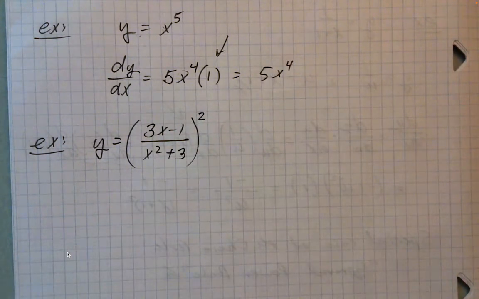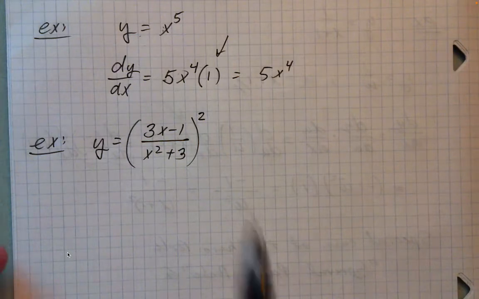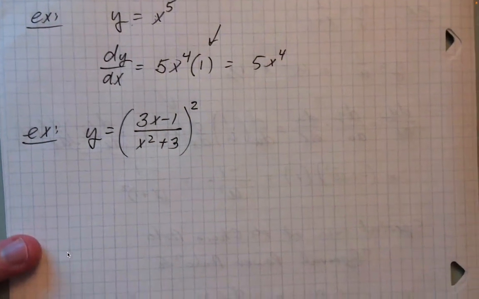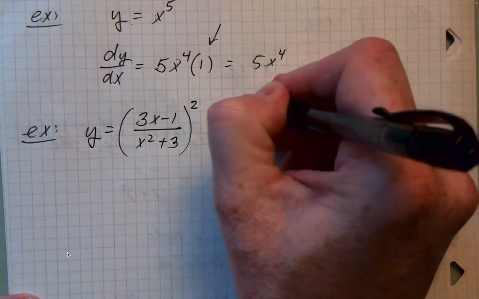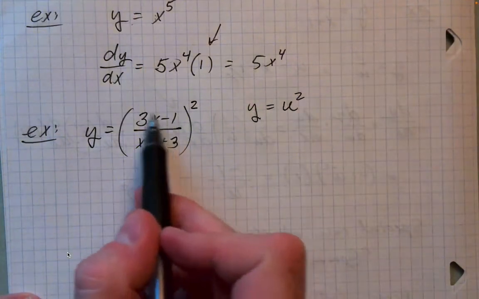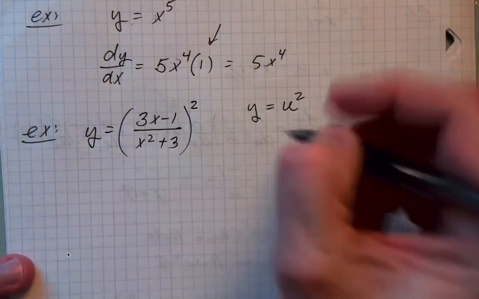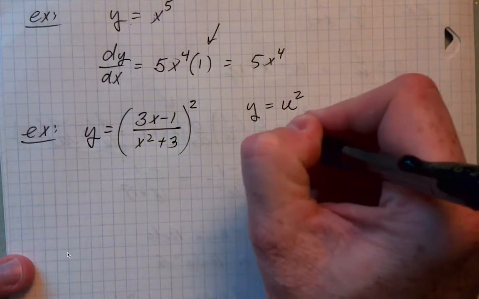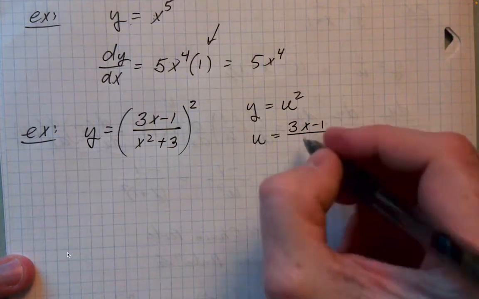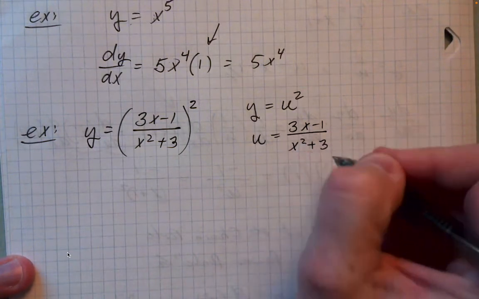So we're going to use the chain rule here, okay, but we're going to have to be a little bit careful, because this is a kind of a more complicated function. Let's first talk about what the inside and outside functions are. So you've got y equals u squared, okay, so just think of this whole thing as the u, and then you've got u equals 3x minus 1 divided by x squared plus 3.